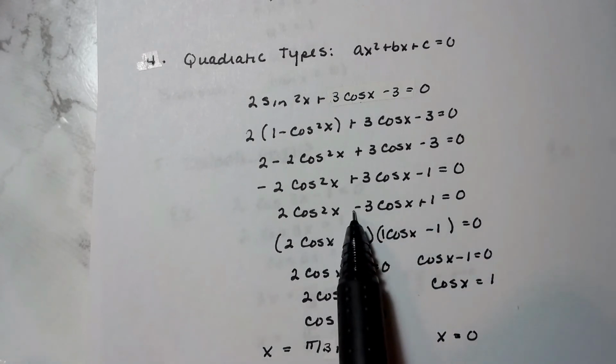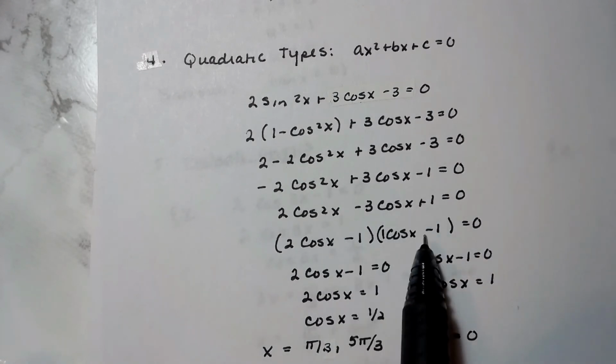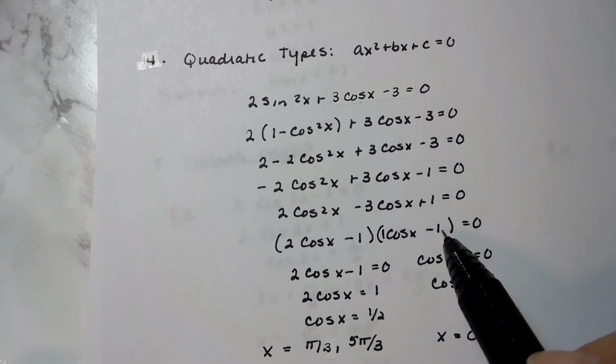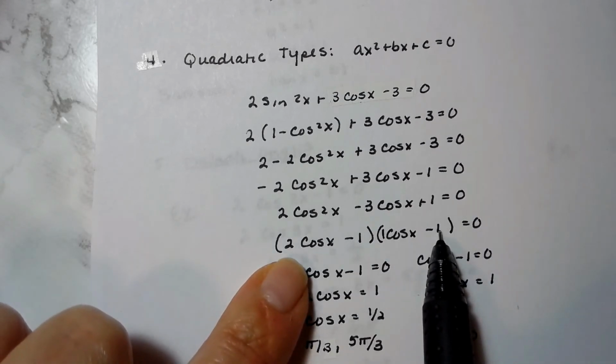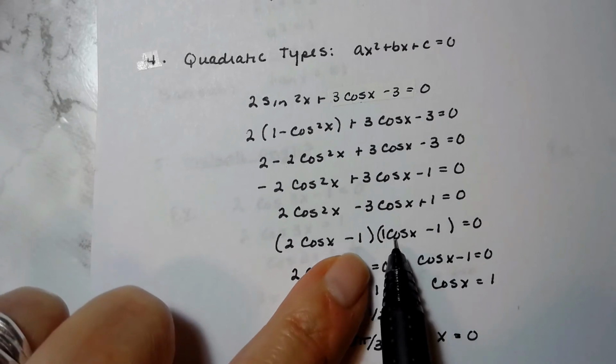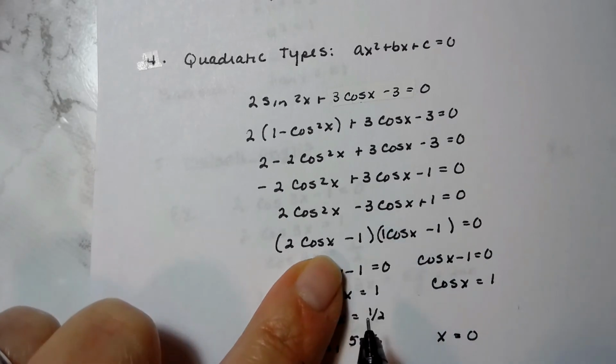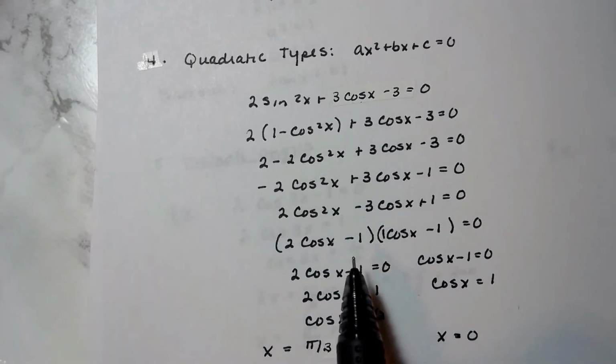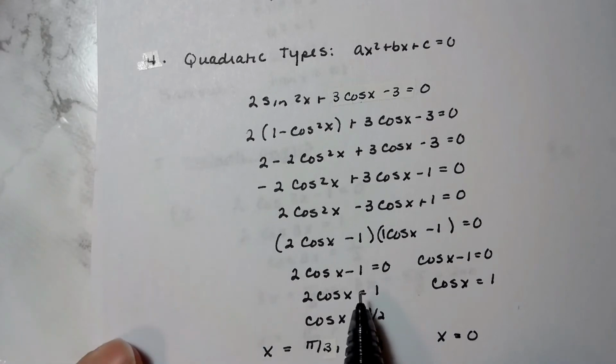Well, this is negative and this is positive, so I know both of these have to be negative in here. So if I put a negative 1 here, I get negative 2 cosine x minus cosine x is negative 3 cosine x. So bingo, I know that I factored it correctly.